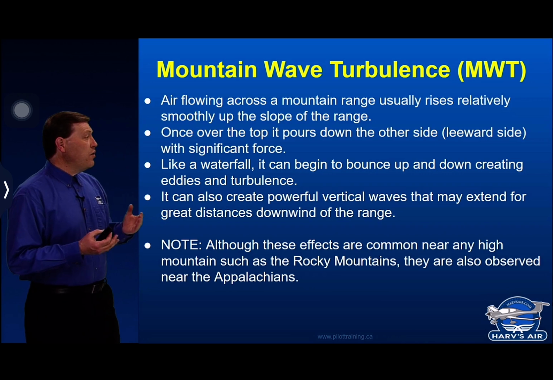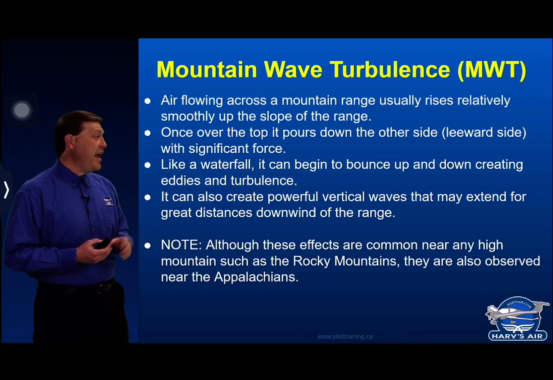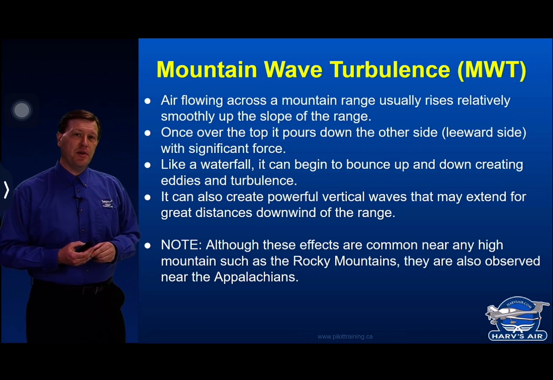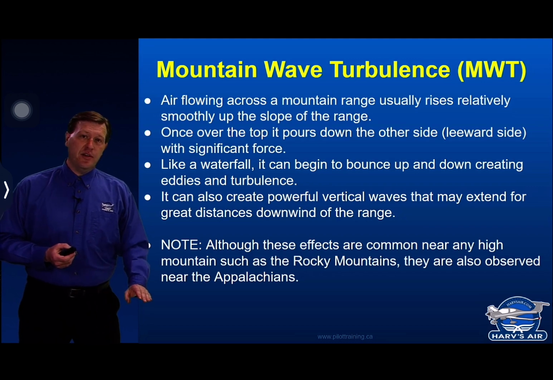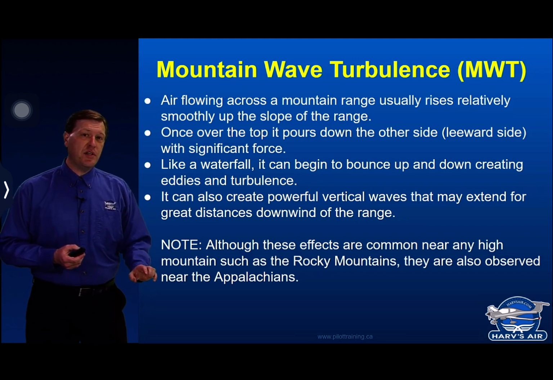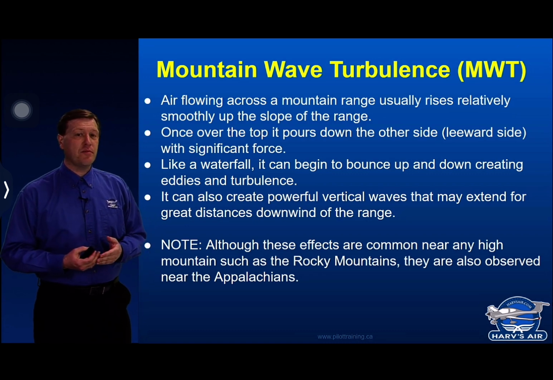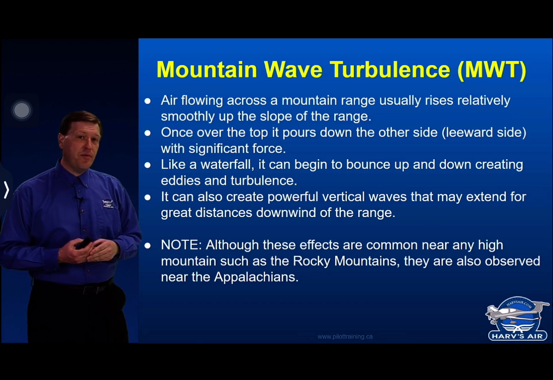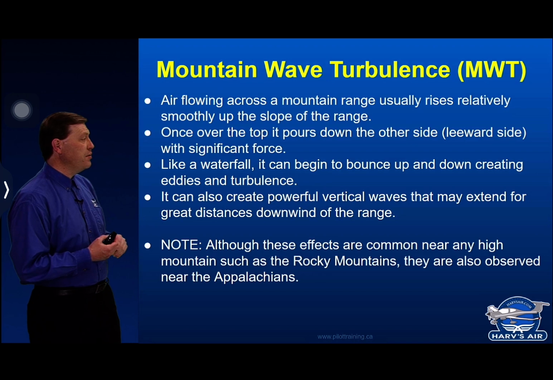So we talked about orographic turbulence, but let's now move into the MWT, mountain wave turbulence. At the lower levels, mountain wave turbulence can be some of the most violent turbulence in all of nature. As we've seen, typically the air flowing across a mountain range, as it goes upwards, it's fairly smooth.